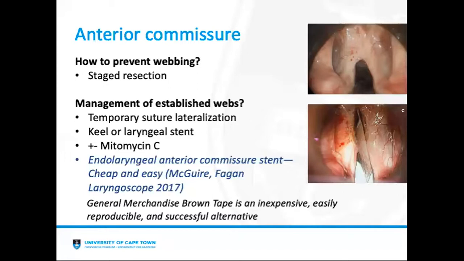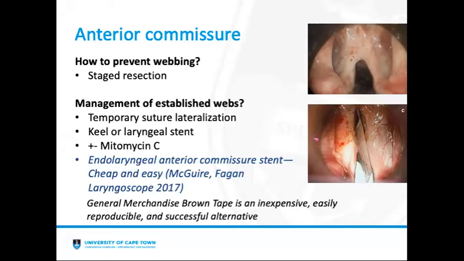Once established, the web cannot merely be divided as the rate of refusion is unacceptably high. Techniques used include temporary lateralization with a suture or the use of a temporary keel, with some surgeons applying topical mitomycin as an adjunct.